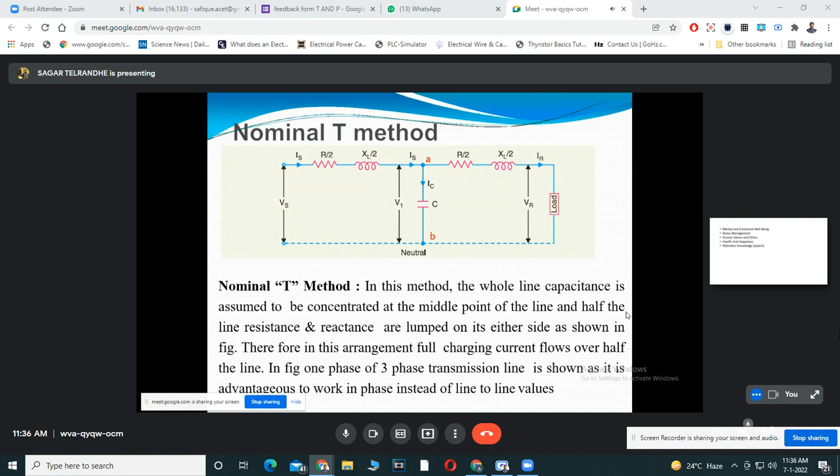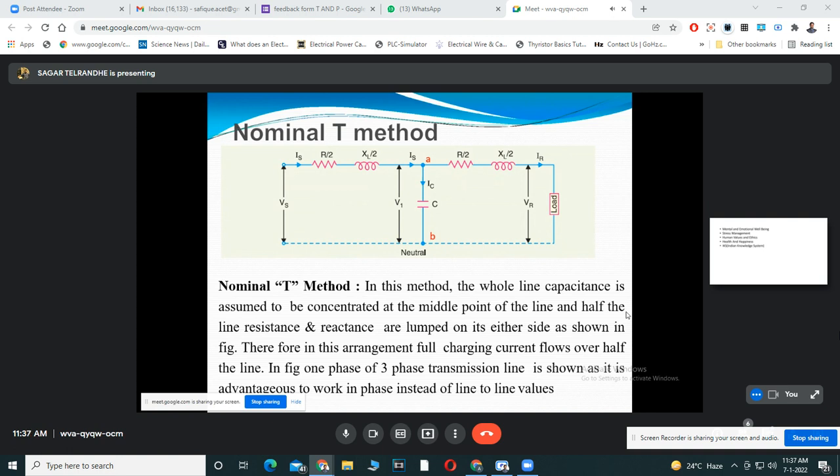Thus, we can say that the complete transmission line can be represented by an equivalent circuit, which you are able to see on your screens.